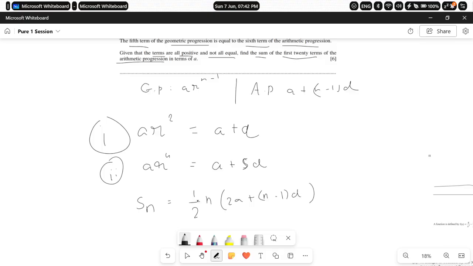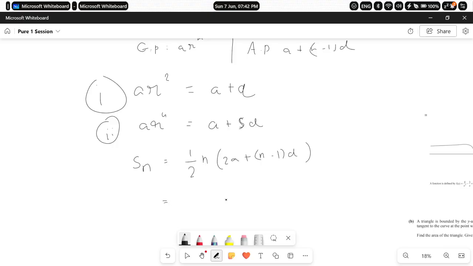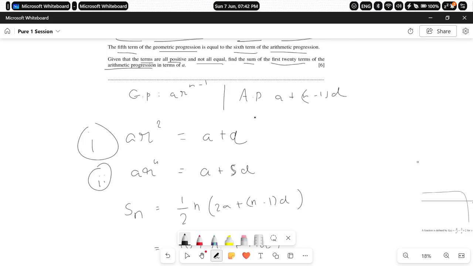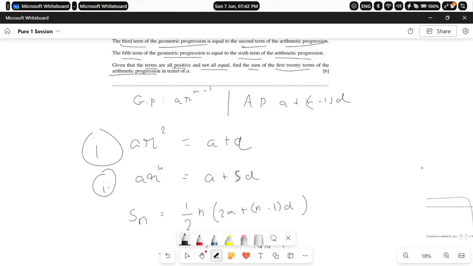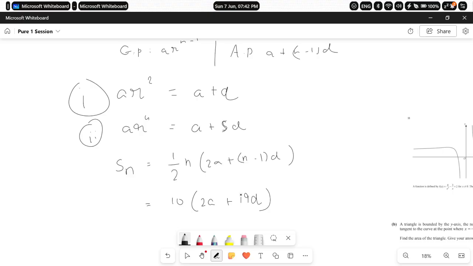So for S_20, that's just 20 over 2, so 10 times 2a plus 19d. You have to find the value of this in terms of a, so that means you need to find d in terms of a first of all.